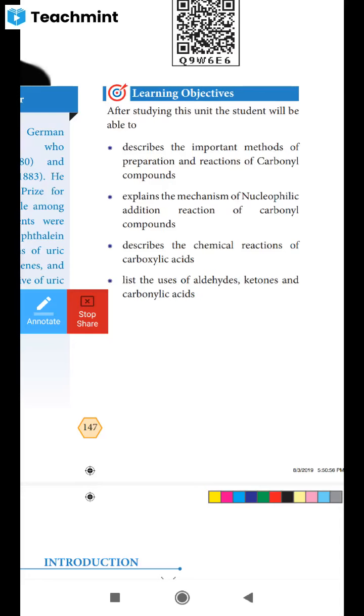We will also see the chemical reactions of carboxylic acid, and the uses of all these carbonyl compounds: aldehyde, ketone, and carboxylic acid functional groups.